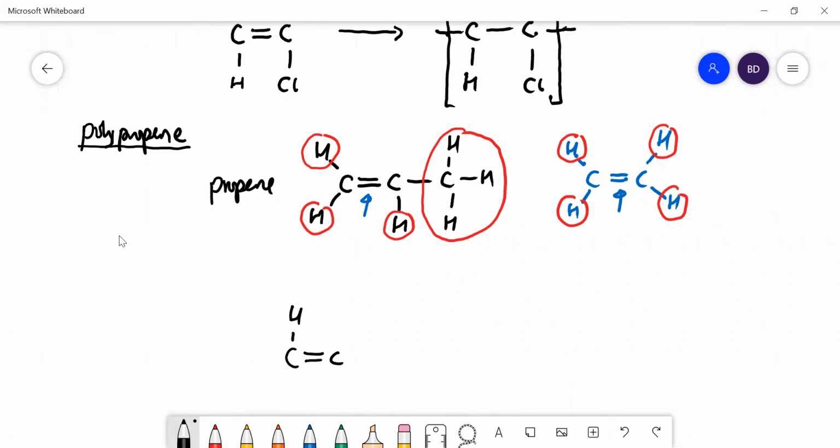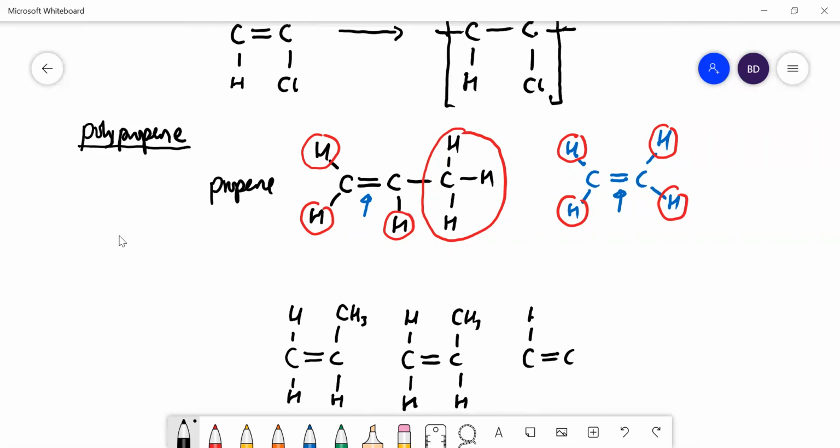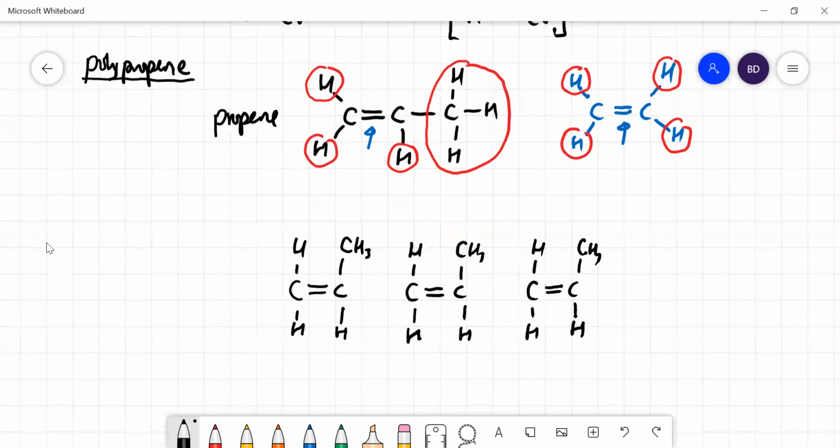So we have H, H, H, and here, rather than writing out this in full, I'm just going to write CH3. Okay, and then I'm going to have that will be a CH3 there, and so on. Right, and when it forms a polymer, what's going to happen?